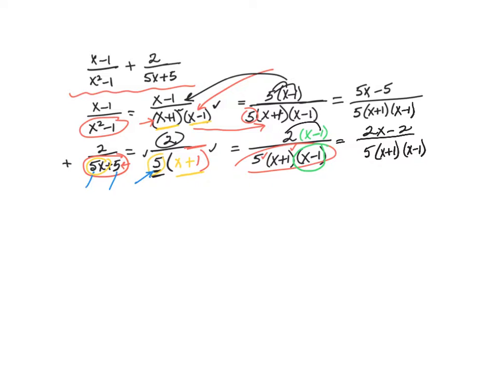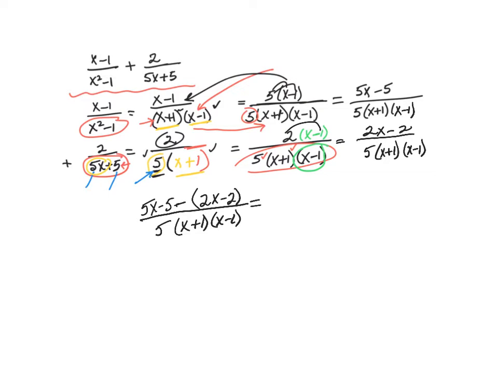Because they are the same, I can write the denominator only one time, and I can take everything that is in the top now and bring it together as a subtraction. So that means I can say 5x minus 5. I want to subtract all of my second numerator, 2x minus 2.